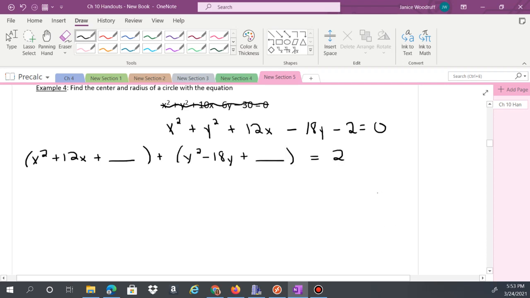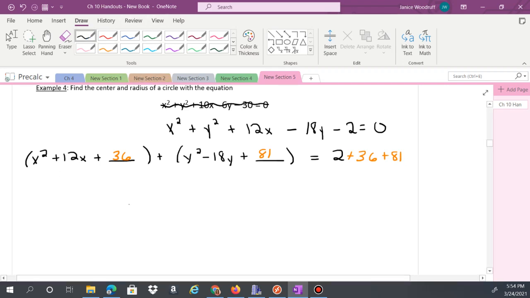Move that 2 over to the other side. Okay, then I complete the square. So what did you guys end up adding here? 36. Yeah, 12 divided by 2 is 6, squared is 36. So plus 36, plus 36. What about here? 81. Good. So 81, 81.